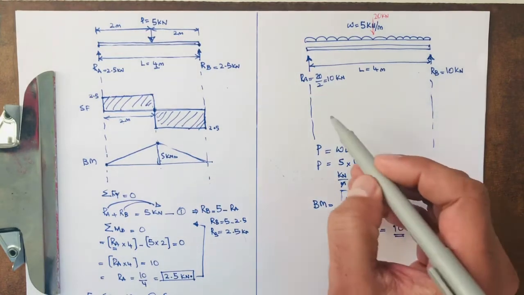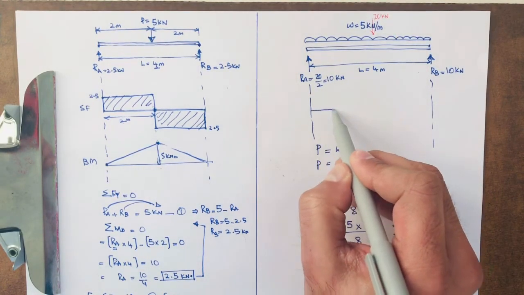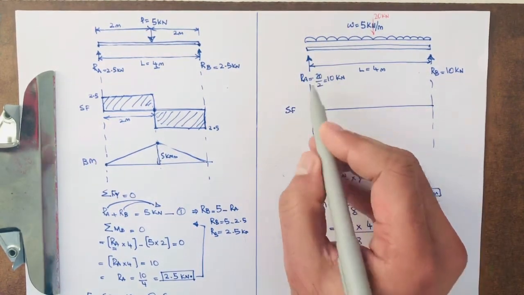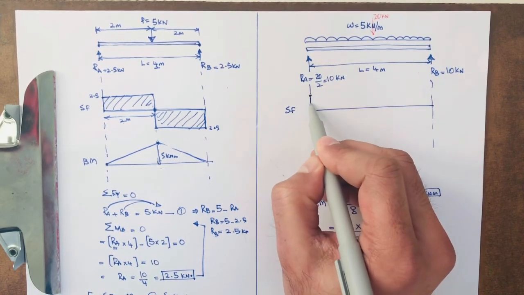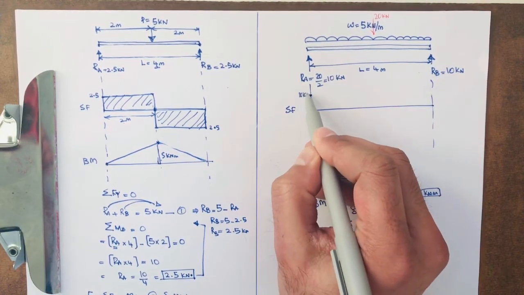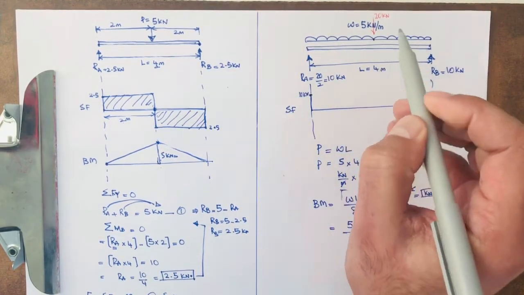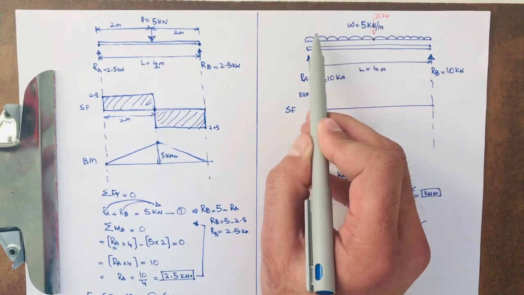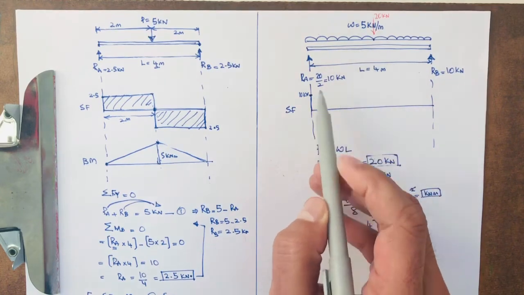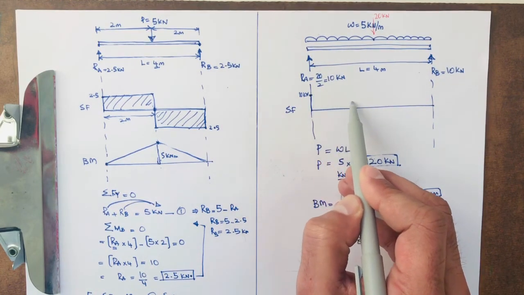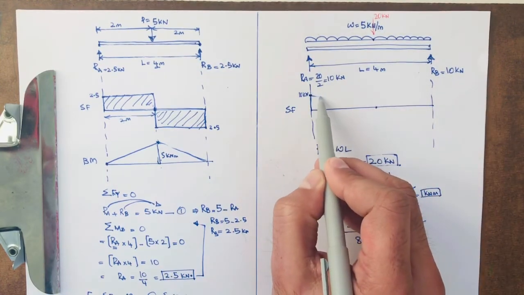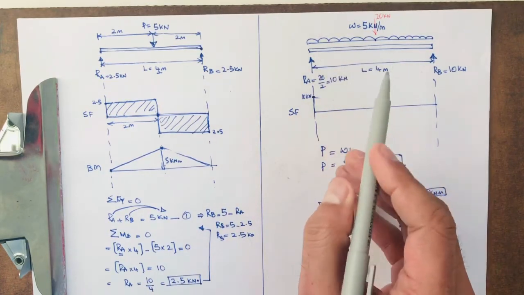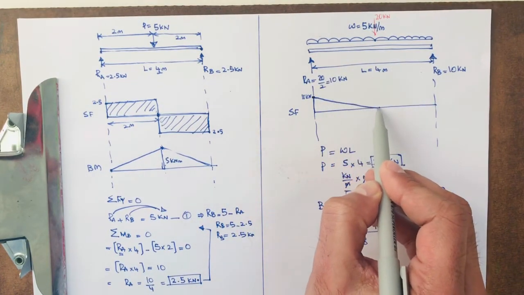Actually, I'm not left with much space there, so I'll try to squeeze it in. So this is for the shear force. Here we go, RA 10 kilonewton, going up as a reaction. But until we reach the middle, there is a UDL, 5 kilonewton per meter, that pushes the beam down. So we go up, and this needs to come down to the center, because this UDL is pushing the beam down until we get to the center here.